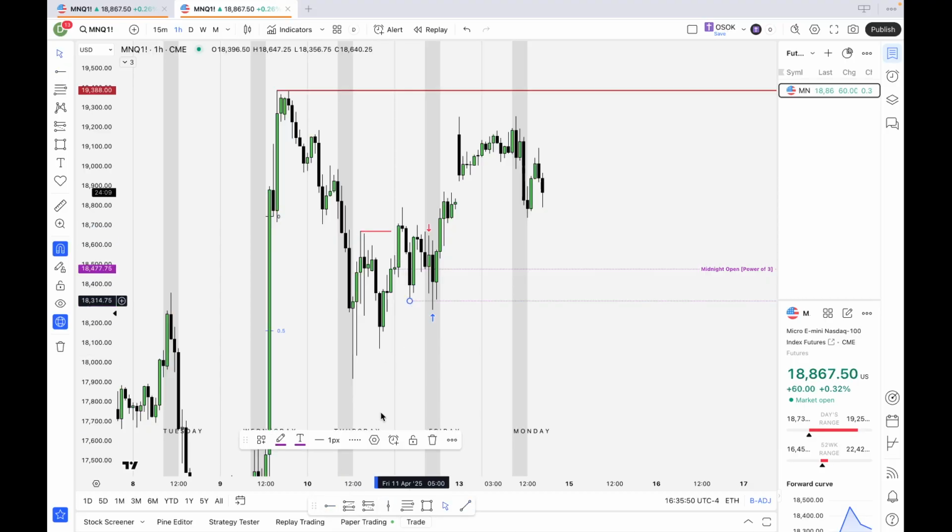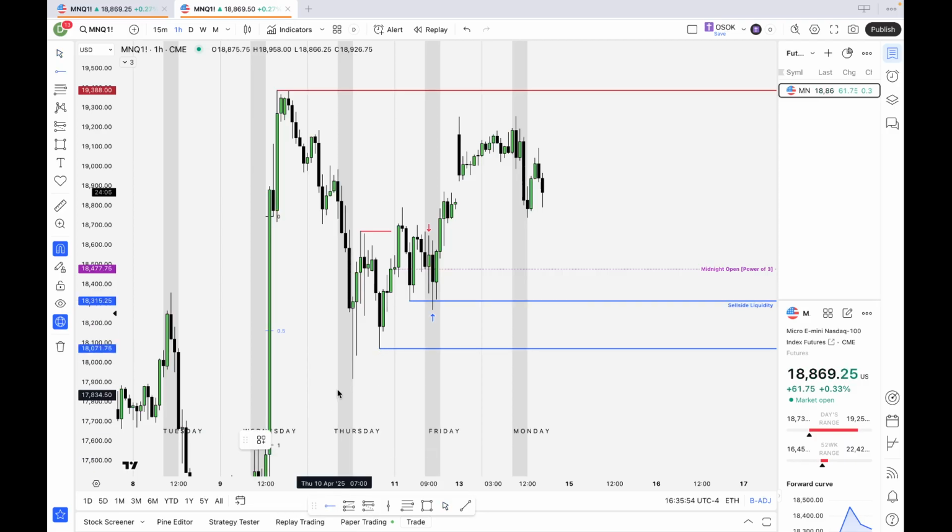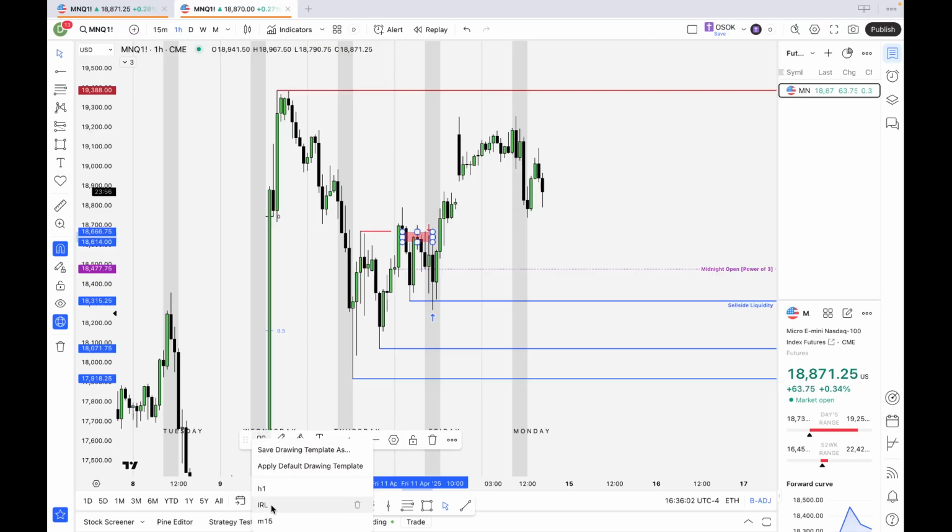I see this sell side here. I see this sell side and this sell side here. I also see this internal range here as well. So these are all the PD arrays I'm really considering inside my kill zone for either places to look for entries or targets.